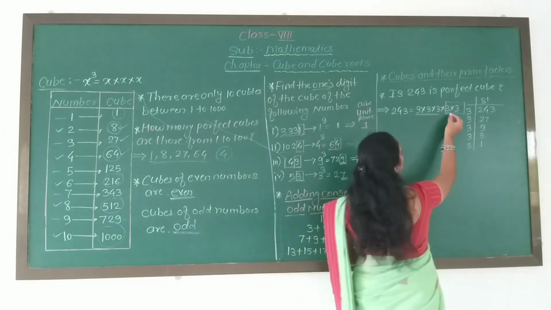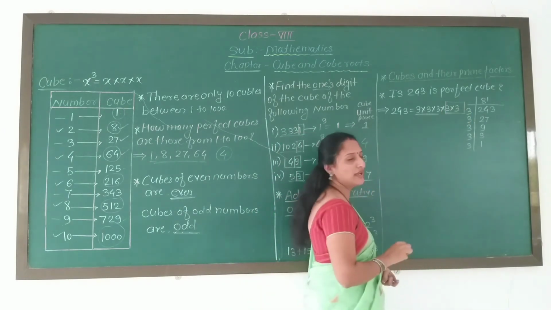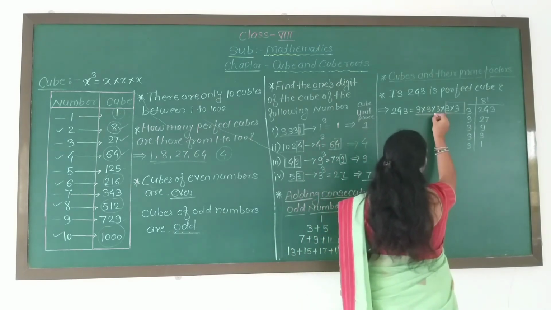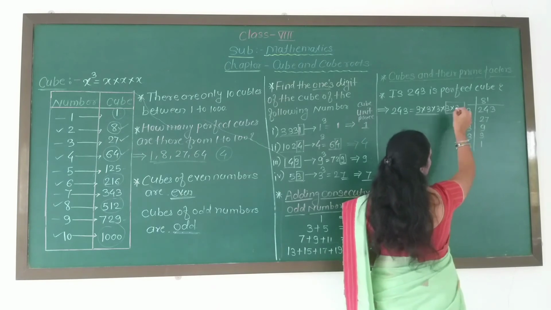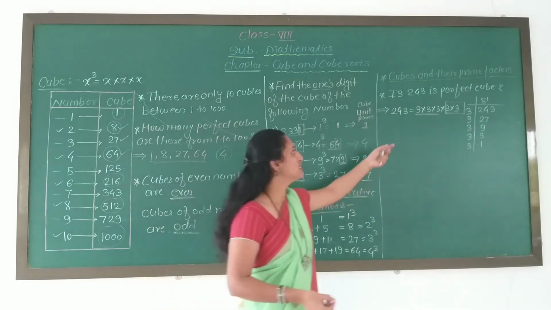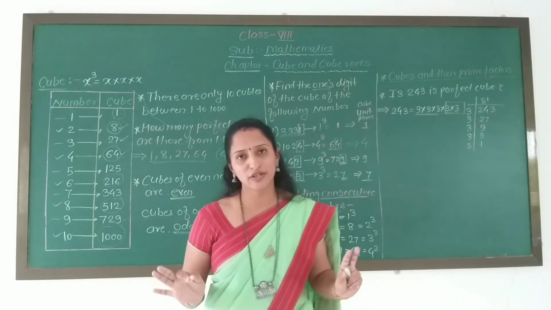Here this 3 appears only 2 times. That means here we get only one triplet of 3. For this triplet we want one more 3. So this shows that the number 243 is not a perfect cube.